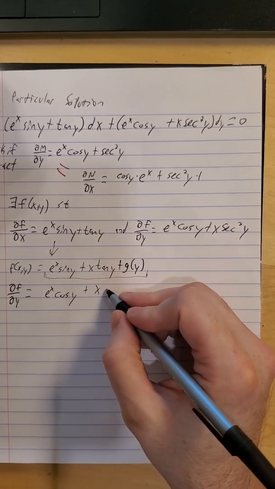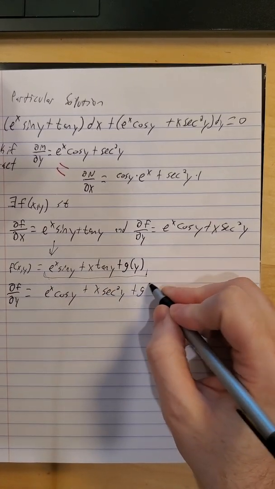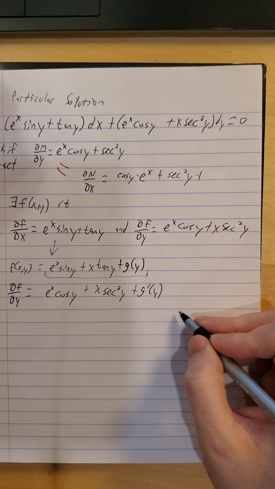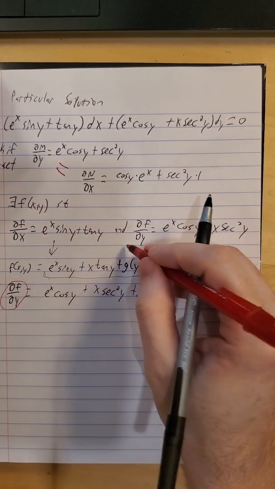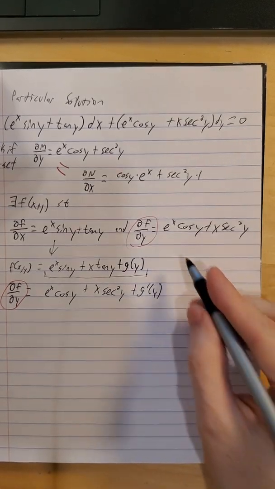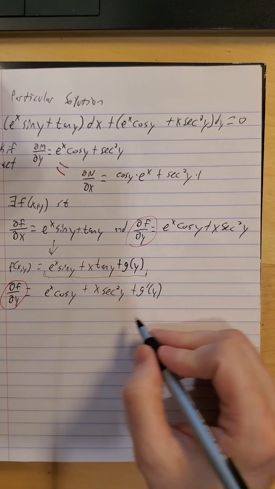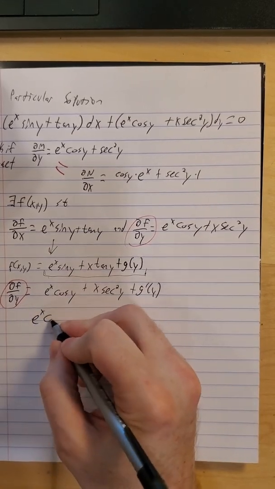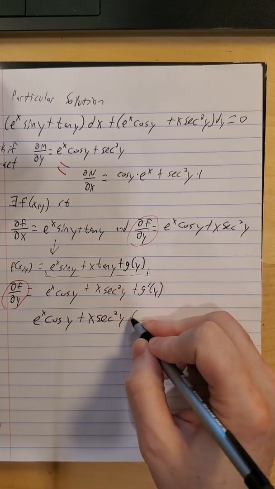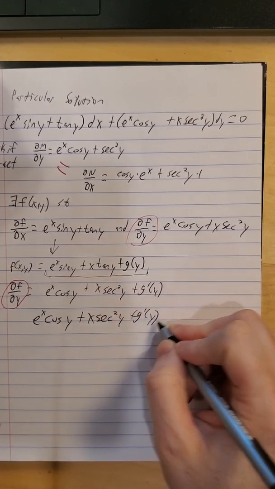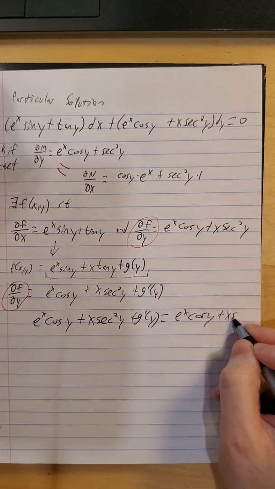Derivative of tangent is secant squared, plus whatever g prime of y is. And again, since they're both partial of f with respect to y, we can set these equal to one another. So e to the x cosine y plus x secant squared of y plus g prime of y is e to the x cosine y plus x secant squared y.